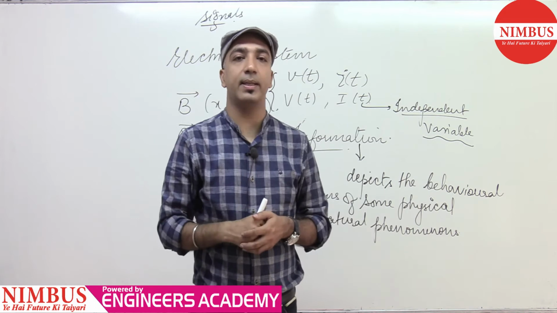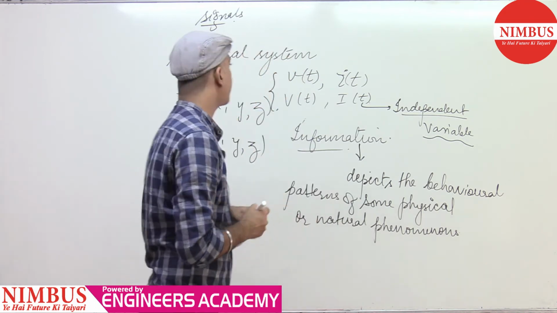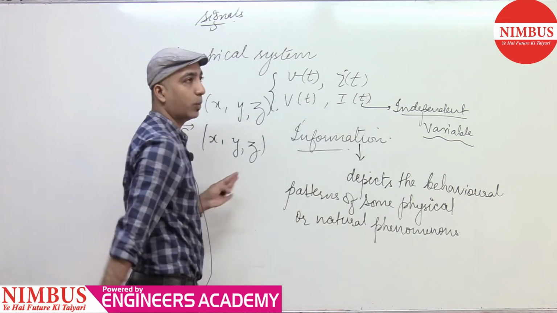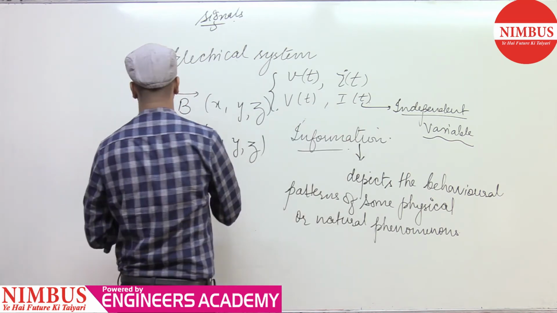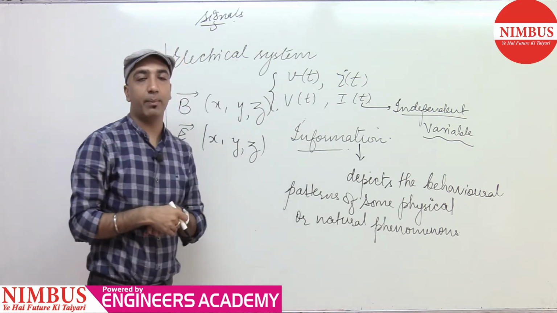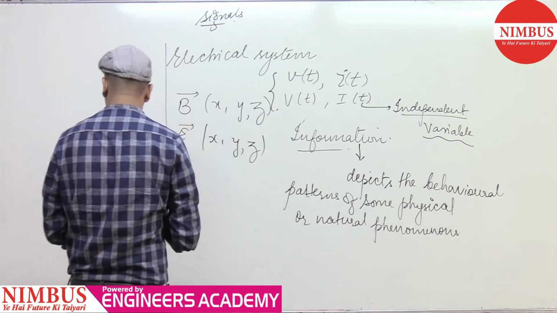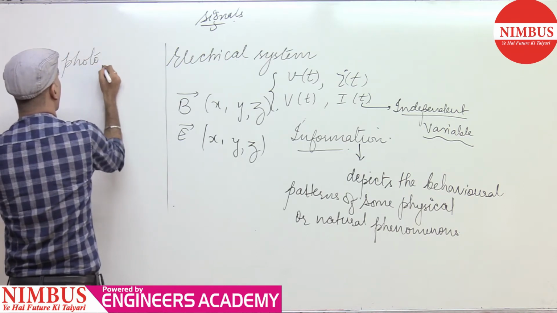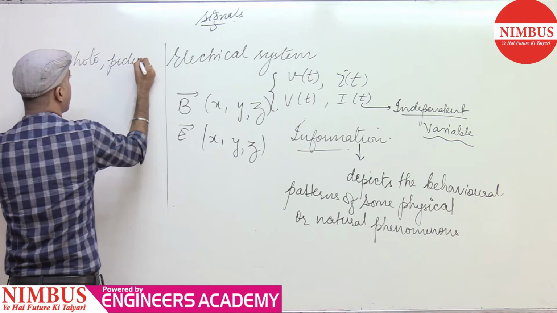Now, to illustrate this, I am giving you an example. These are the examples for a single independent variable. You must be knowing it. I would be taking an example of more than one independent variable now, which is nothing but a photo or a picture signal.